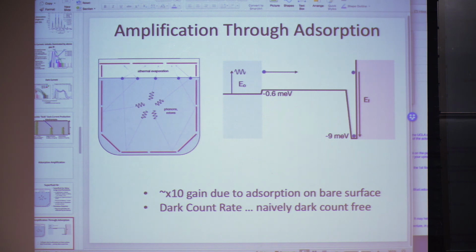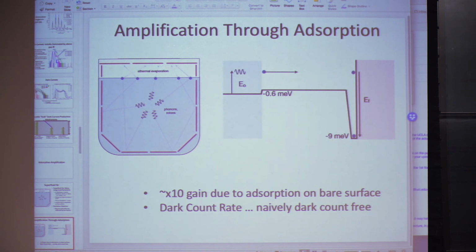Notice that this gain is unique compared to every other system where we are using gain and these ideas of concentration of excitations. In a PMT, how do we get our current gain? A single photon comes in and gives us, I don't know, 10 to the 4 electrons. We get it through a very big E field. In Luke-Neganov gain, we also have a big E field. So both of those systems have giant E fields to give us gain.